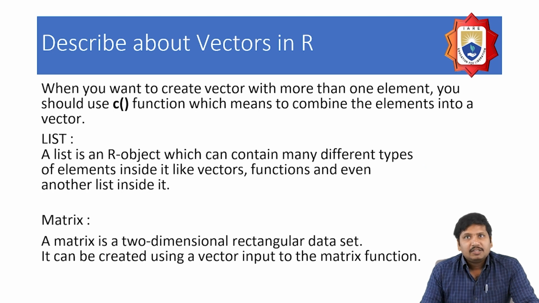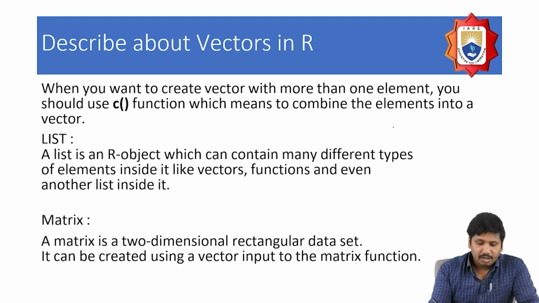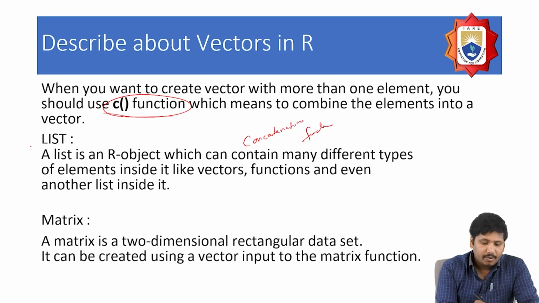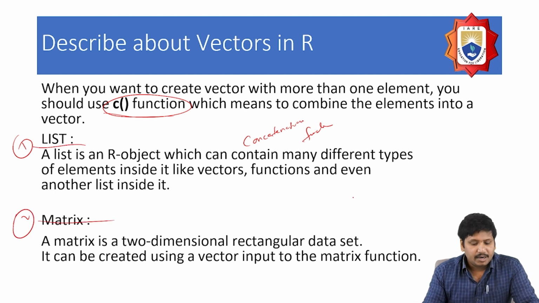Describe the various vectors in R. Some of the vectors are list and matrix. These are created by making use of the c function, which we call the concatenation function. By using this function, I can create two types of vectors, list and matrix.